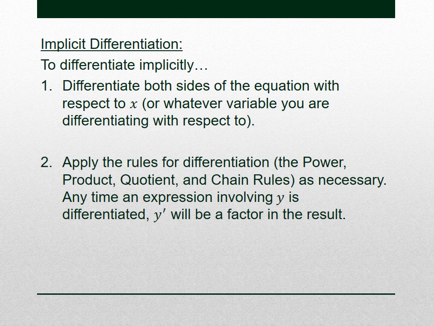But whenever you see a y, you treat it as just a variable, so when you take the derivative of it, you need the chain rule, and you end up multiplying by the derivative of the y, which is y prime. Anytime you differentiate something that involves a y, you multiply by y prime with that chain rule. That's the basis of implicit differentiation.